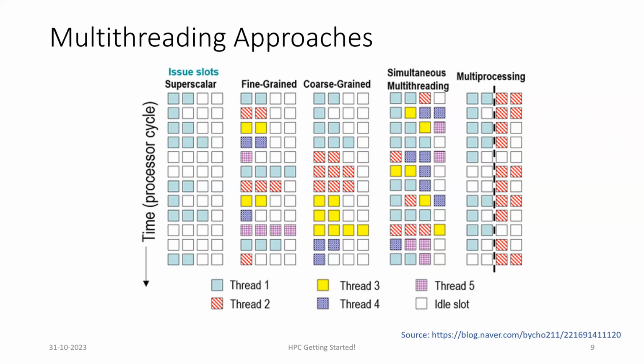Right, here also you see that there is a possibility of a lot of bubbles. So this is not the perfect match, and SMT is found to be the most efficient in the sense that whatever hardware is there, it is able to keep it engaged as much as possible and speed up multiple threads effectively.